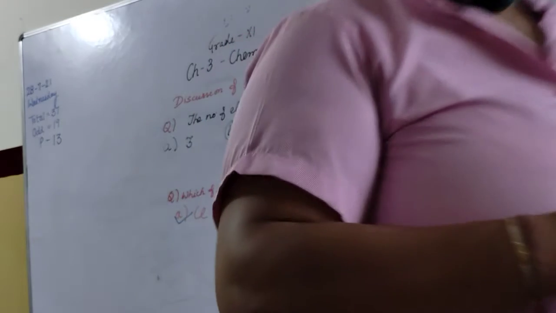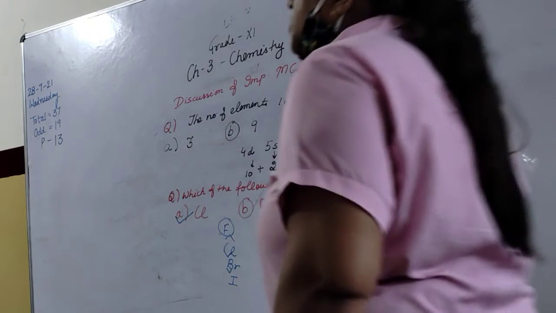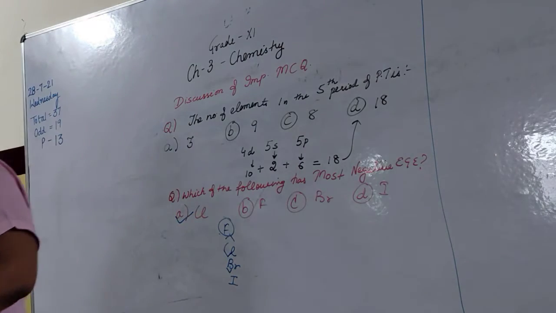It experiences greater electron repulsion. So to avoid these interelectronic repulsions, some energy has to be first given to the fluorine. That's why its EGE is less.